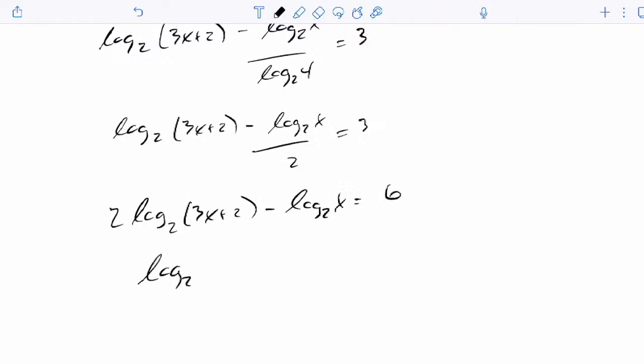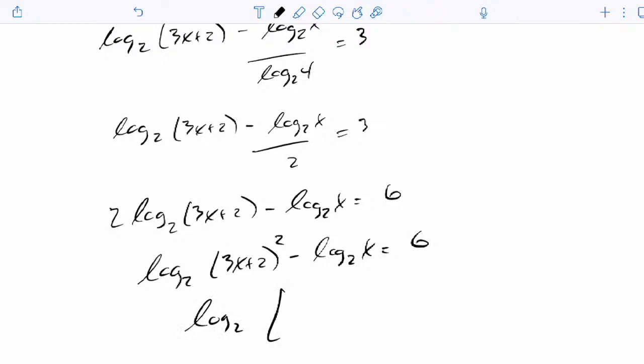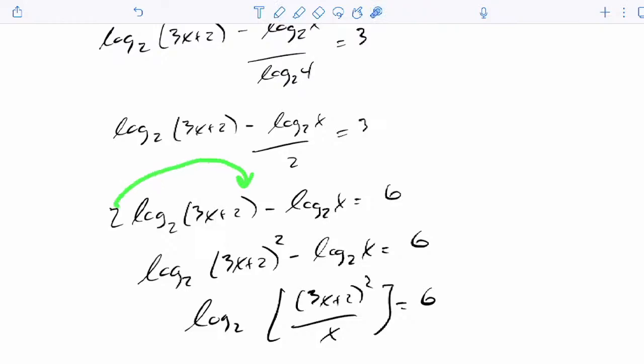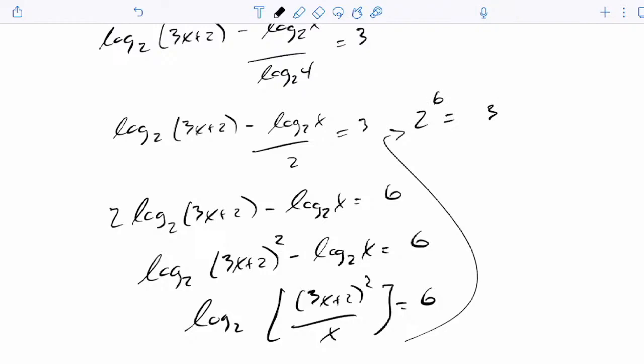Then I would pop that 2 to the exponent here. And then I'd go right to this step where I can pop that to the top, and then I'm subtracting with now the same bases, change it to division, and then I go right to exponential. So 2 to the 6th is 3x plus 2 squared over x.